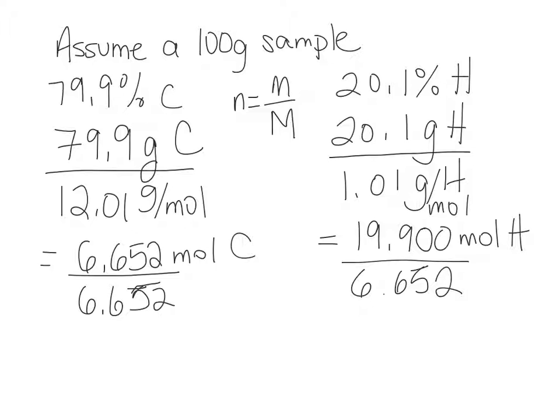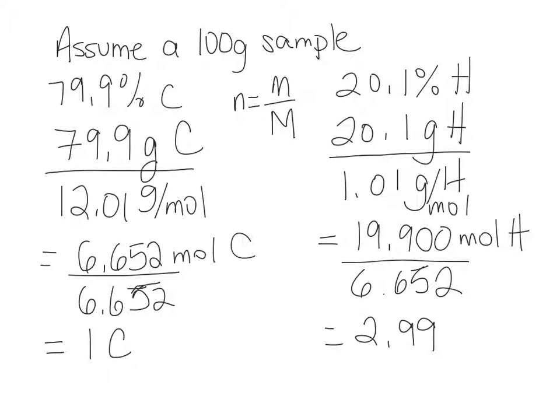So what we're doing here is we're going to find out how many hydrogens there are for every 1 carbon. Right? Because any number divided by itself is 1. Bless you. So what's the number of moles then for hydrogen? 2.99.